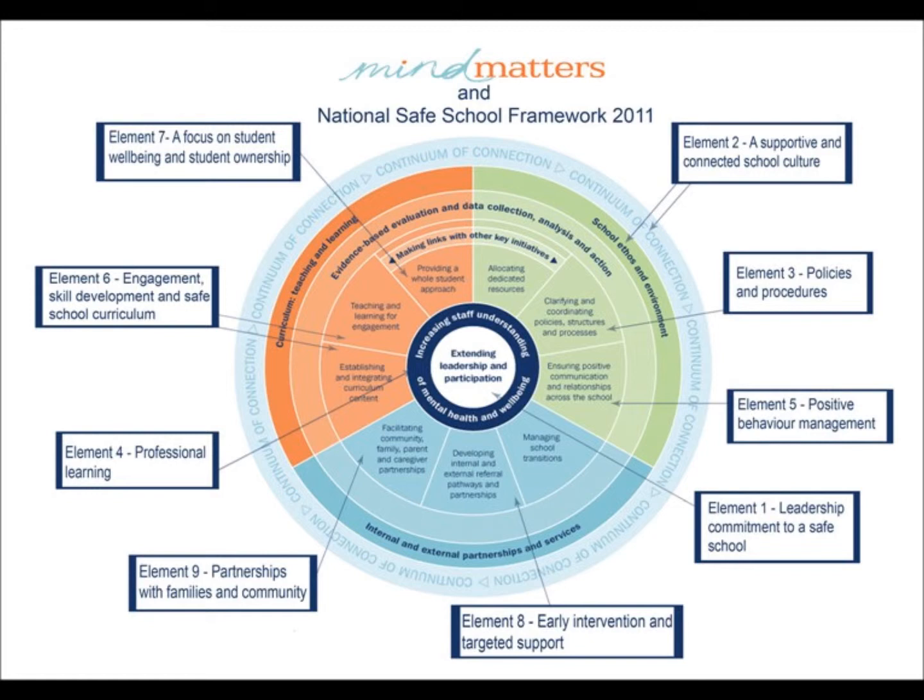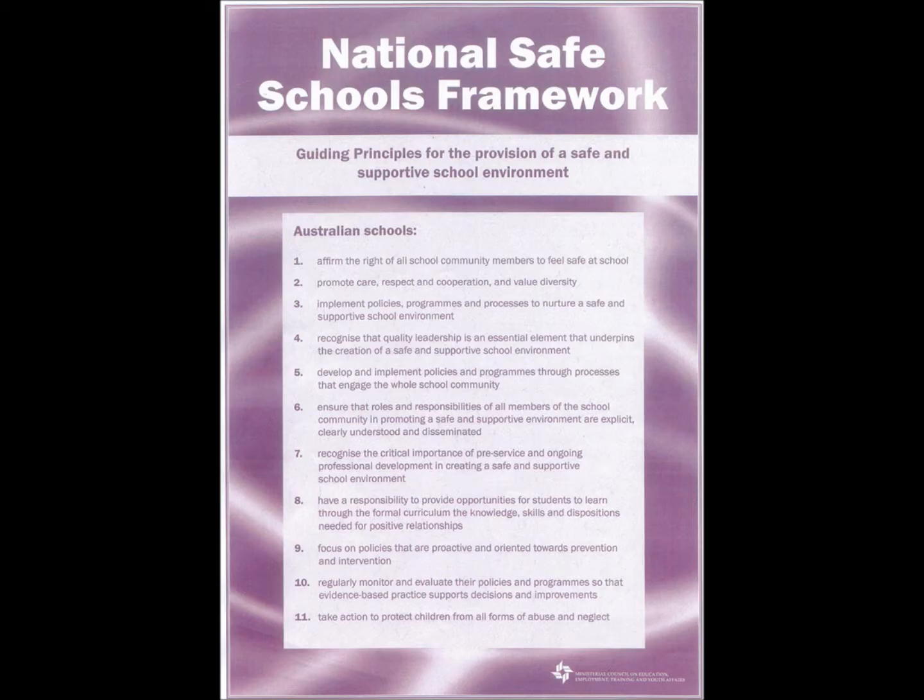The model also identifies 4 enablers for a whole school approach starting at the extending leadership and participation, increased staff understanding of mental well-being and knowledge, which we can then make links to the key initiatives and proceed with evidence-based evaluations and so on. And just for quick viewing, here I've attached the poster for the National Safe Schools Framework. It's a guide for principals.